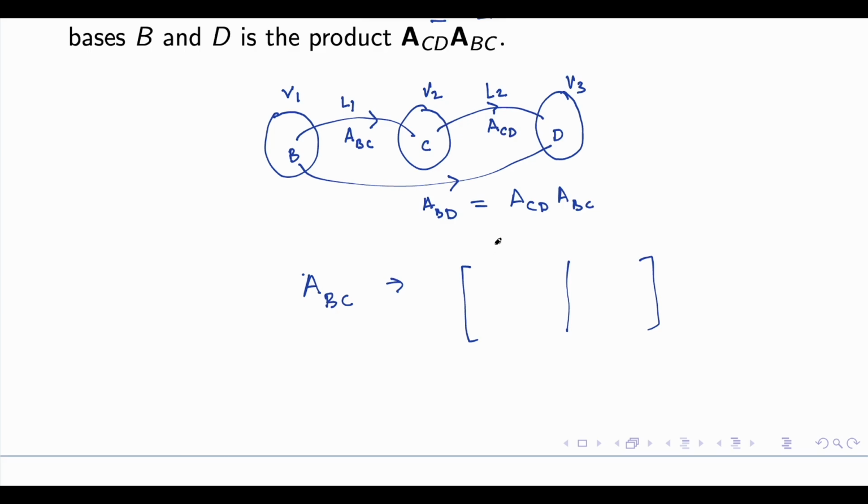Here you write the C columns because B to C you are going, right?